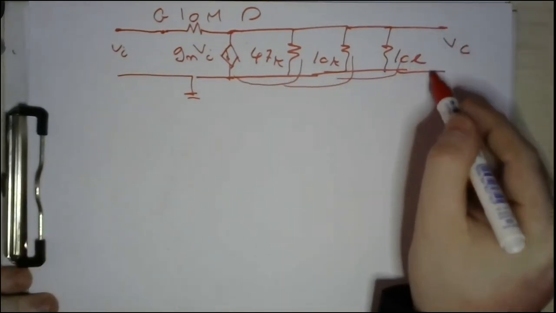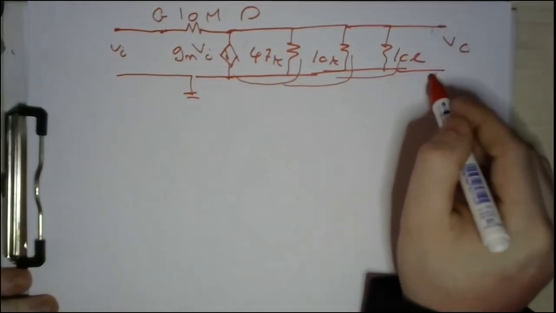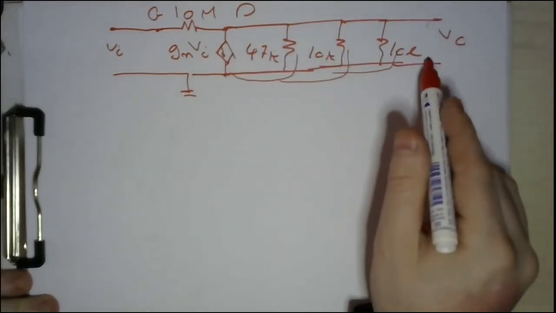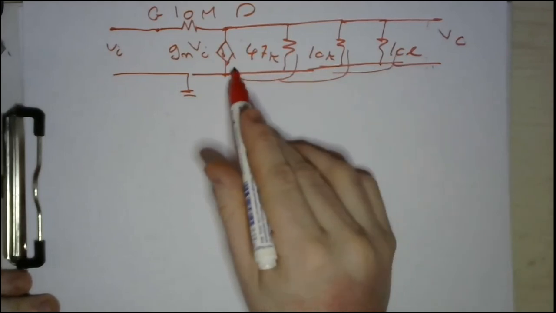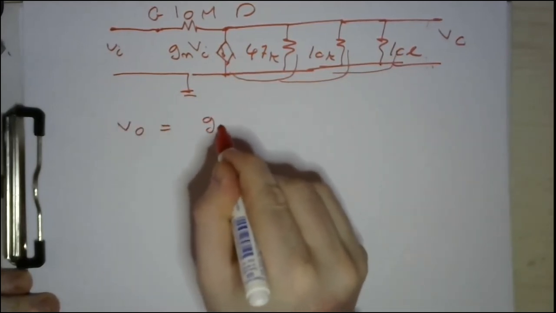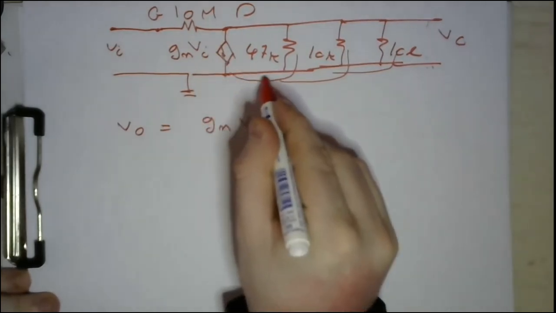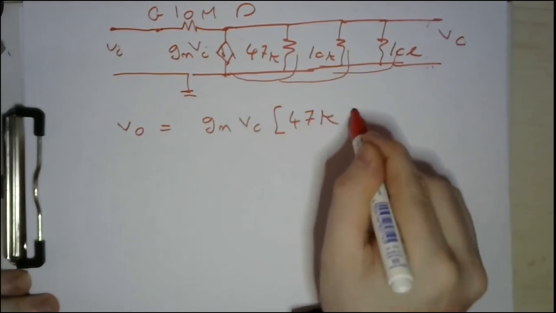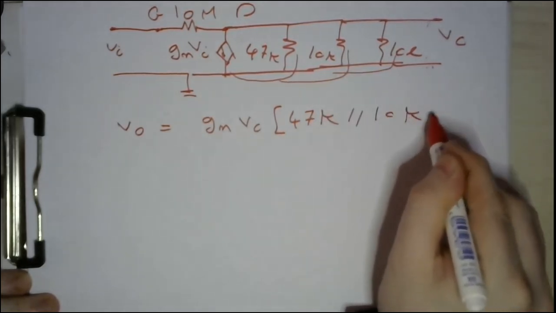So the voltage between these 2 points is simply what? It is the current times the equivalent resistance. The current is GM times V input, so V output equals GM times V input, which is this current, flowing in the parallel combination of the 47K, 10K, and 10K.